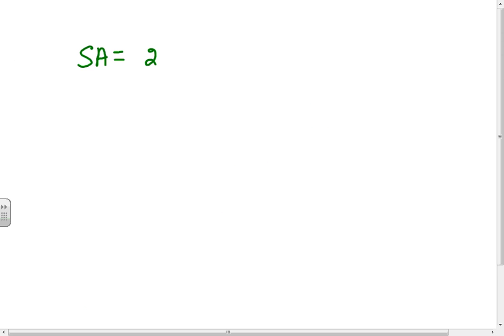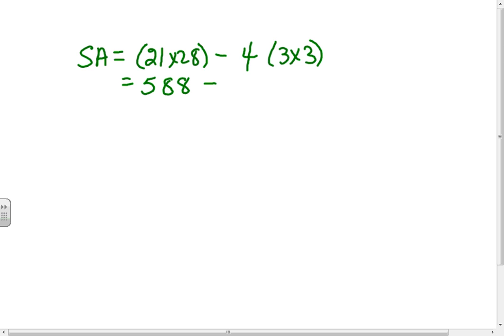So you could do the surface area as 21 times 28, and then take away 4 little squares that are all 3 by 3s. And we could get our surface area from that. Let's just do the math on this. It would be 588 minus 4 times 9, which is 36, which would be 552 centimeters squared.